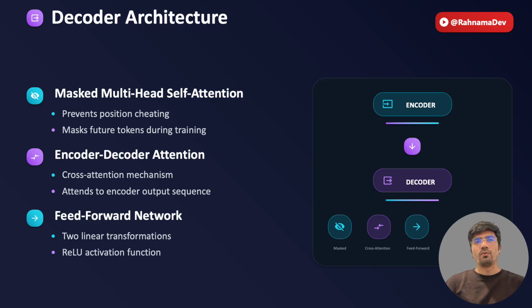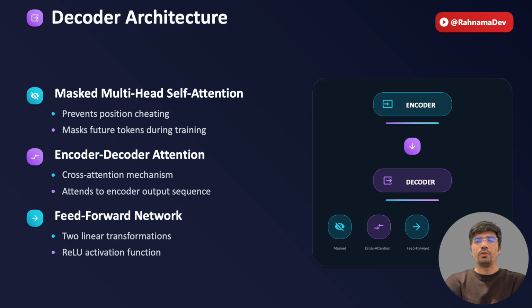It's masked. Why masked? During training, the model is learning to generate text one token at a time. We don't want the model to cheat by looking at future tokens it's supposed to predict. For example, when generating the word cat in a sentence, we don't want the model to see what comes after cat.